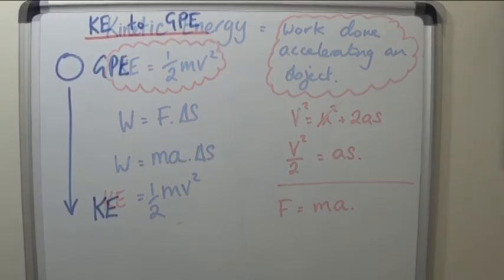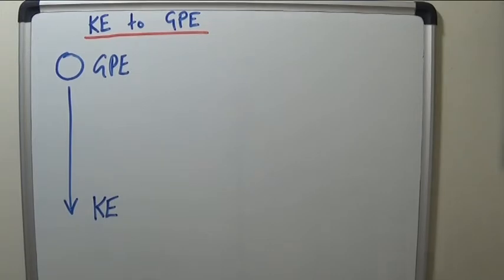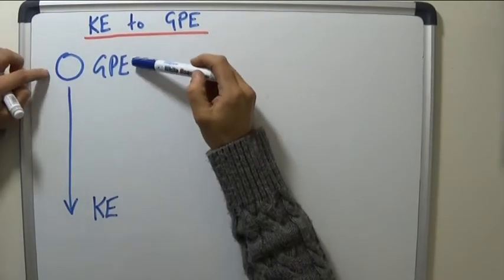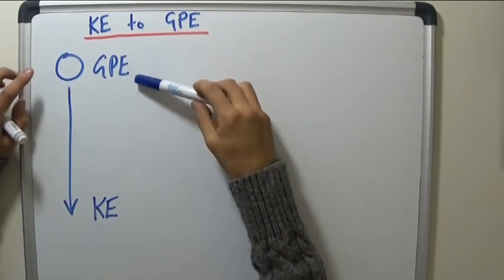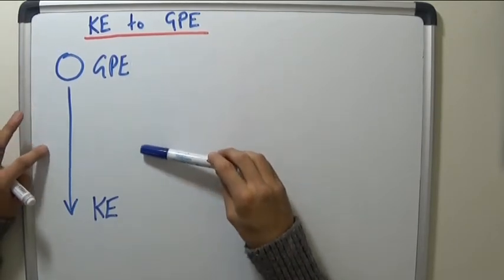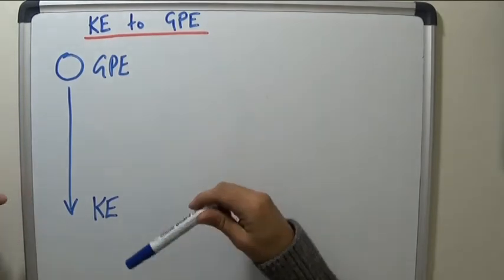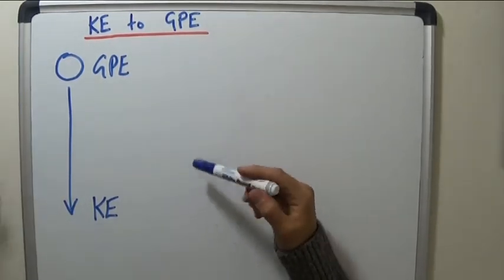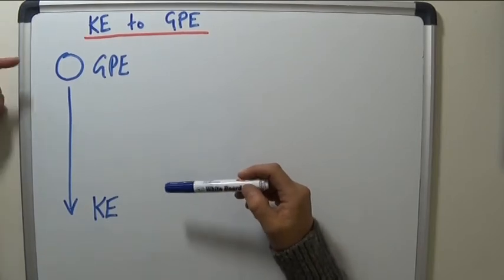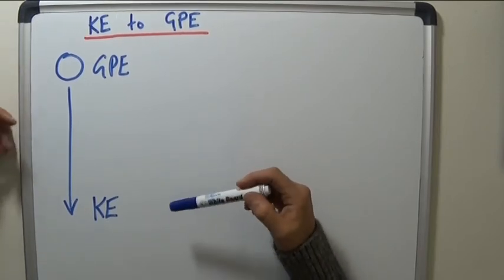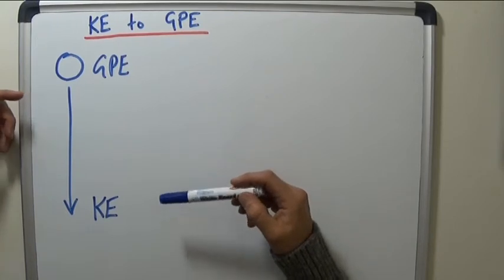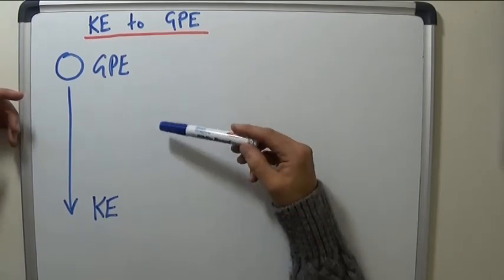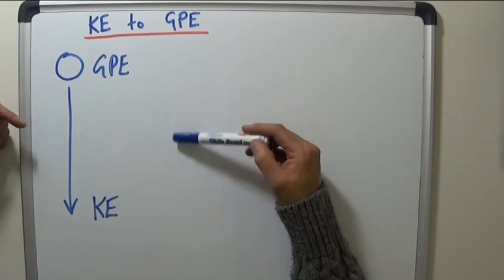Okay, we've seen gravitational potential energy, we've looked at kinetic energy, and now it's time to put the two together. When an object falls, its gravitational potential energy is transferred, converted, transformed is the word I'm looking for, into kinetic energy. Now, if there's friction and stuff, it's not 100% conversion. Eventually it would reach terminal velocity, and as it falls at a constant speed, it would just be turned into heat due to friction.